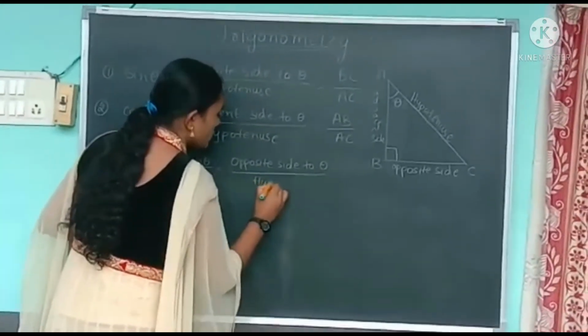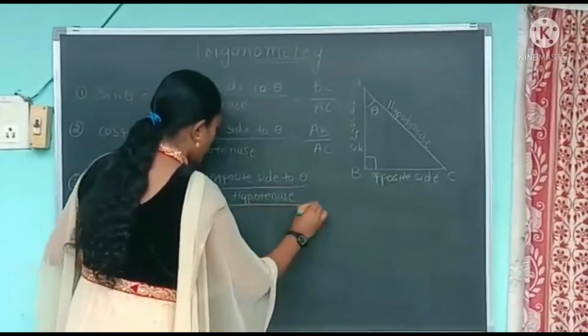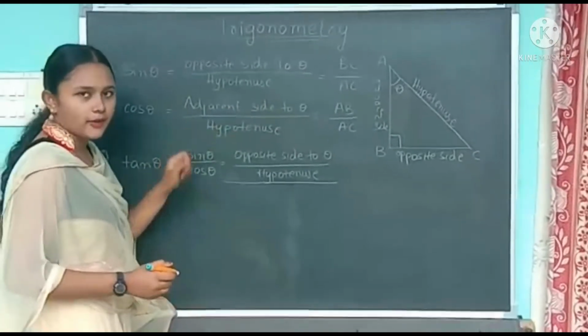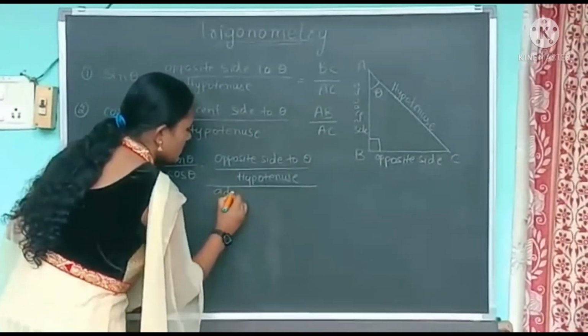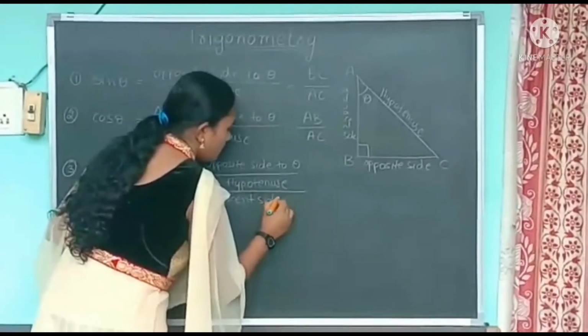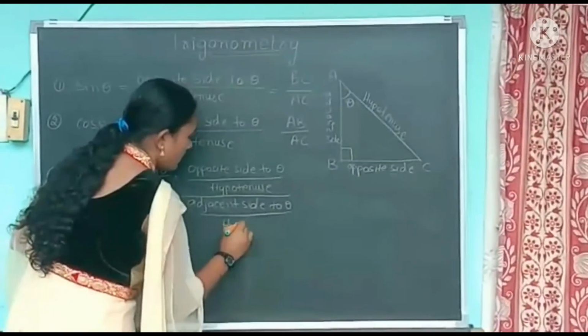And what is cos theta? Cos theta is the adjacent side to theta by hypotenuse.